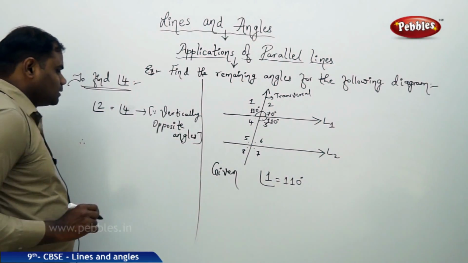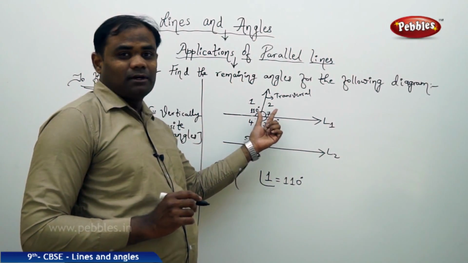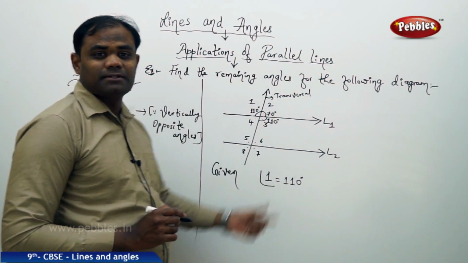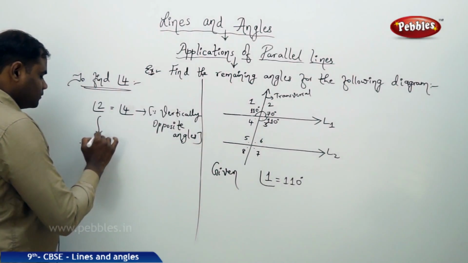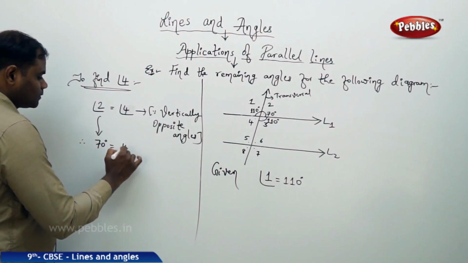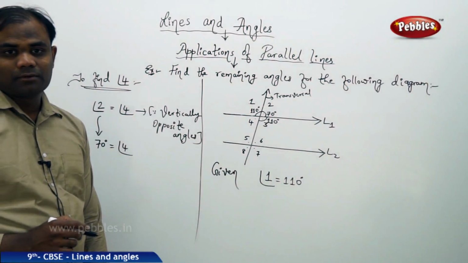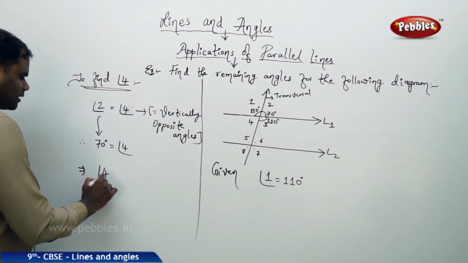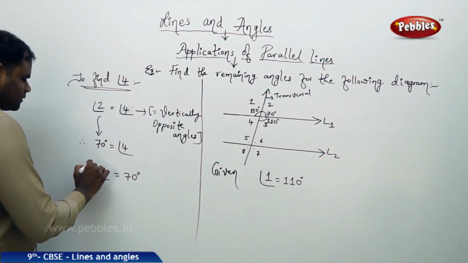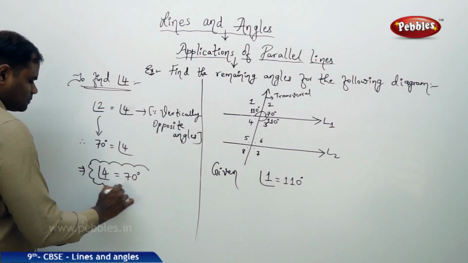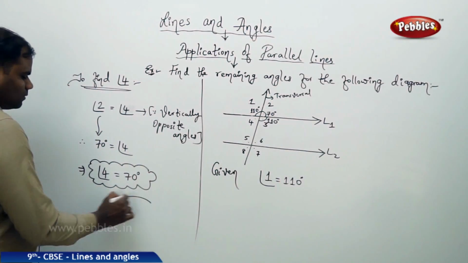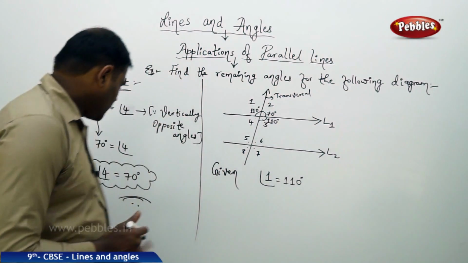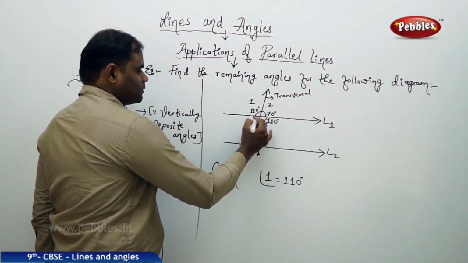We have already found angle 2 to be 70 degrees, which I substitute here. Therefore, I get my angle 4, which equals 70 degrees. That's how I understand the concept of finding angle 4. So my angle 4 out here is 70 degrees.